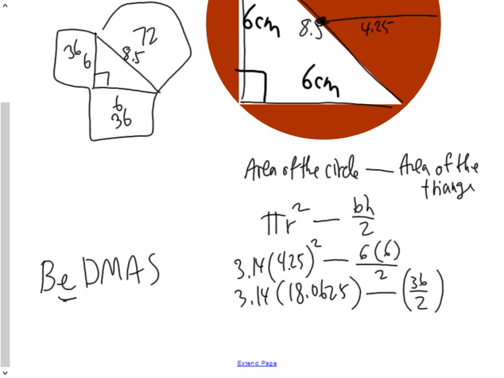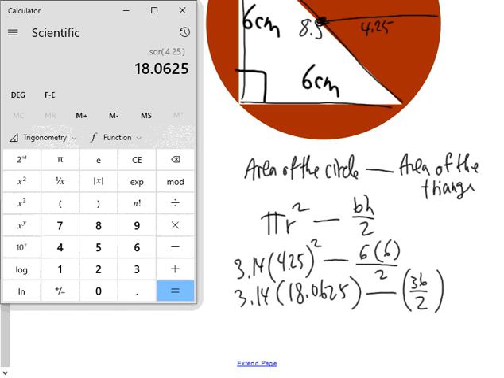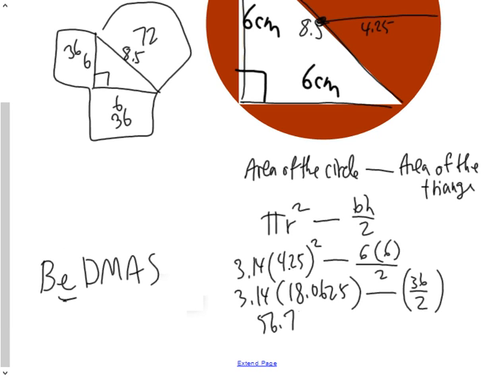How's that so far? Okay? Everybody's all right? Take our calculator again and take that big decimal number and multiply it by pi. And the area of the circle, if nothing was removed, is 56.71625. That's the area of the red circle if no white triangle was cut out of it. Take away the area of the triangle, which is 18.